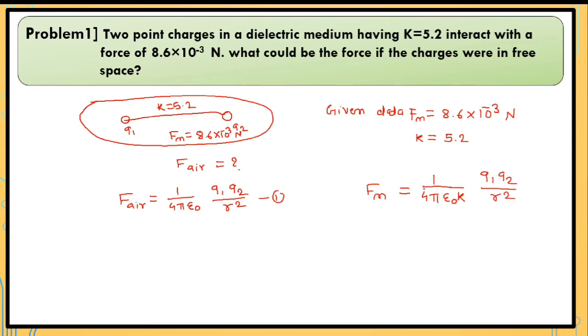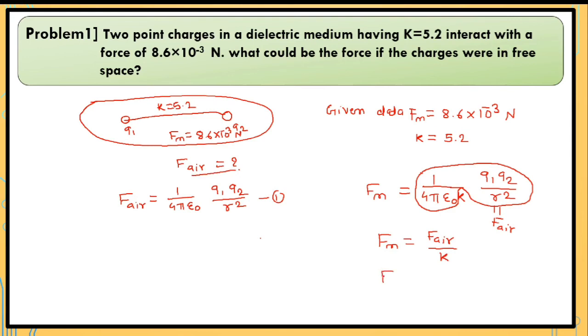Here we can say that the force in material medium is equal to force in air divided by K, and here we want to calculate the force in air.